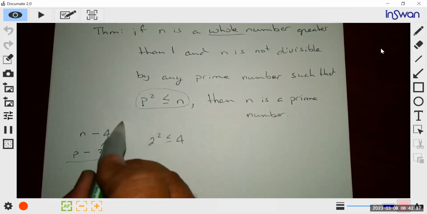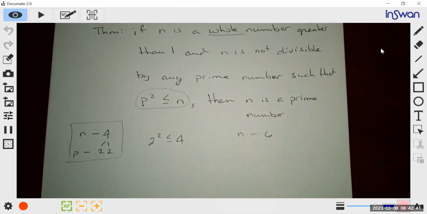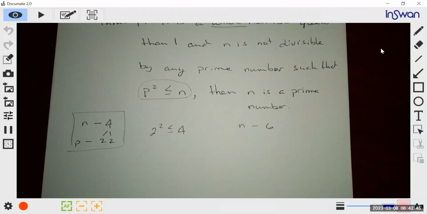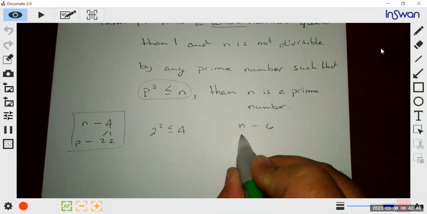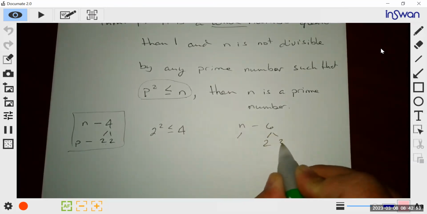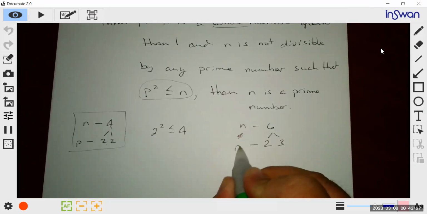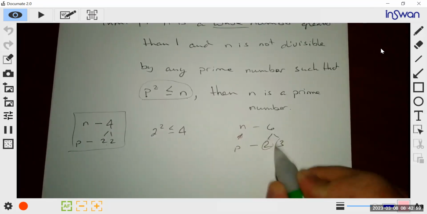Yeah, so now let's look at 6. If N is 6, it's made up of 2 times 3. So this is my N, those are my P's. I can look at both of these P's.